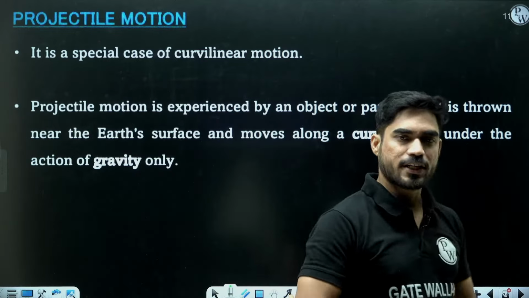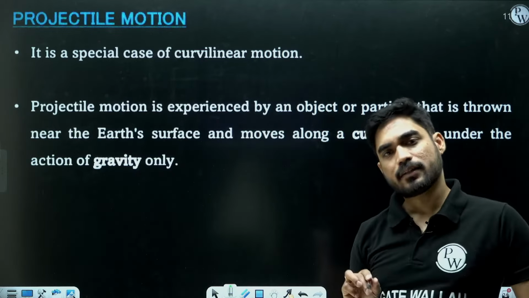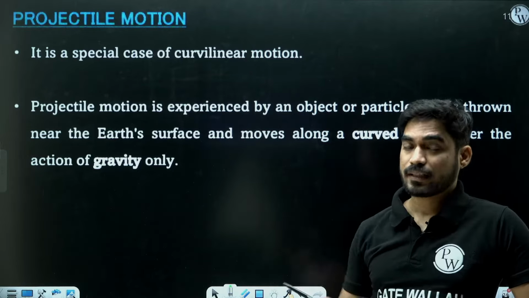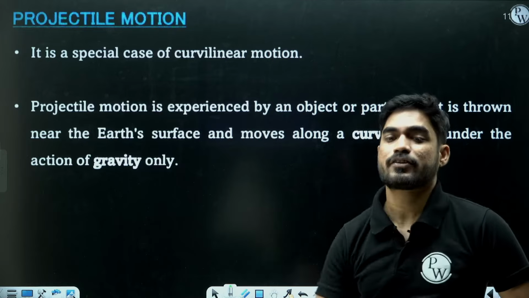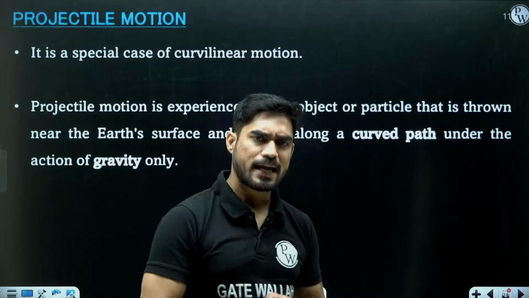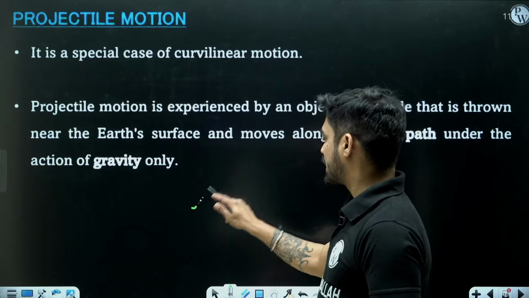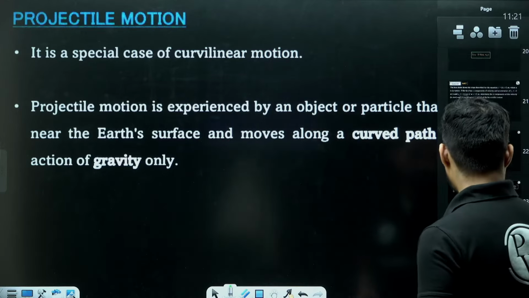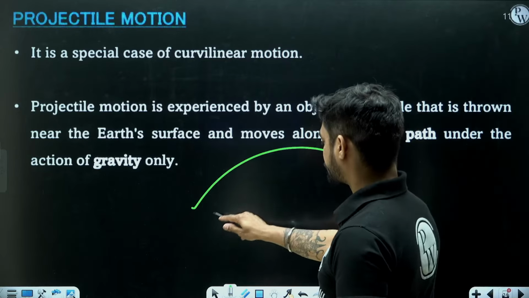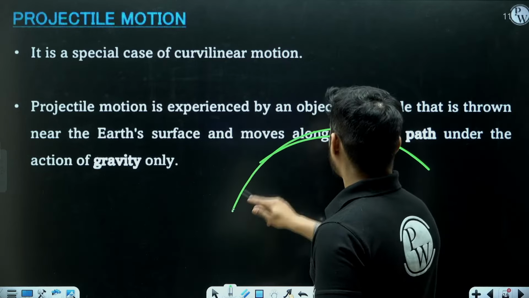Okay, the body should move in a parabolic path. It should be under the influence of gravity only, and it should be near the surface of earth. For example, if I kick a football at some angle, then that football is moving in a parabolic path.